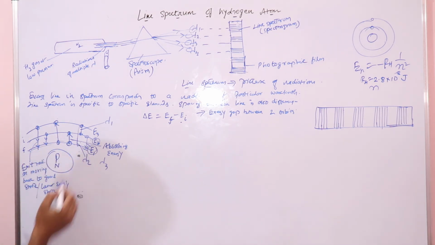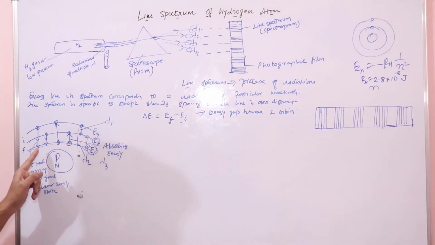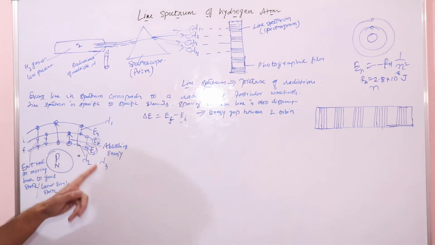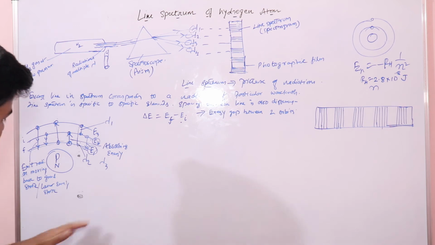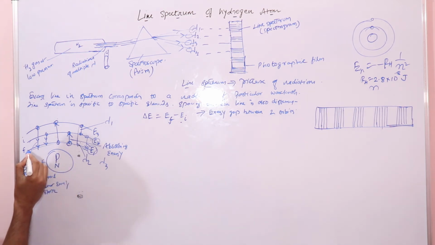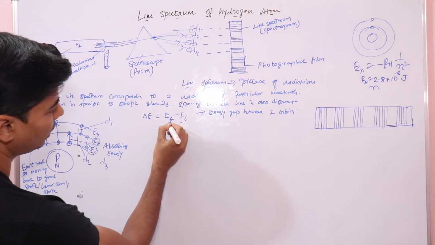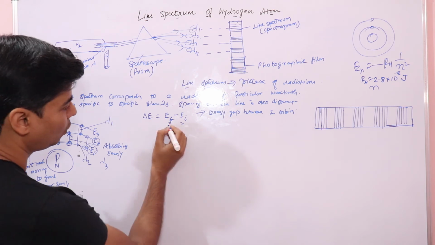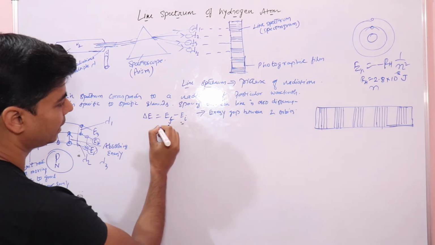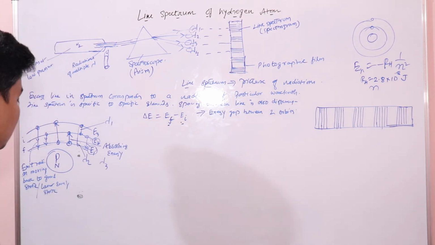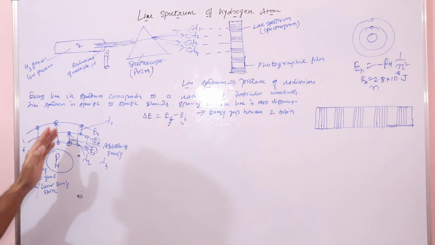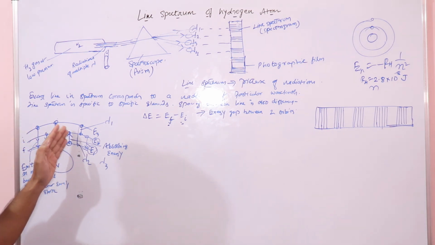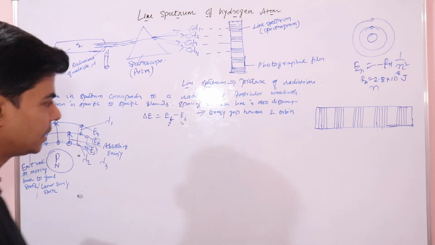This is the final one, and we know that in case of emission, the final is the one which is below, right, closer to the nucleus, and the one closer to the nucleus has lower energy. So this final has lower energy and this initial has higher energy. So lower minus higher would be negative, right? So the energy of the radiation emitted when an electron moves from a higher energy level to a lower energy level would be negative.